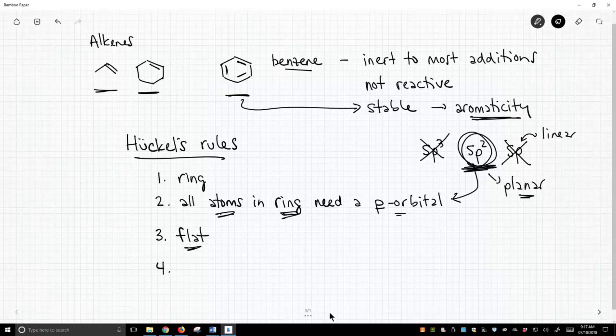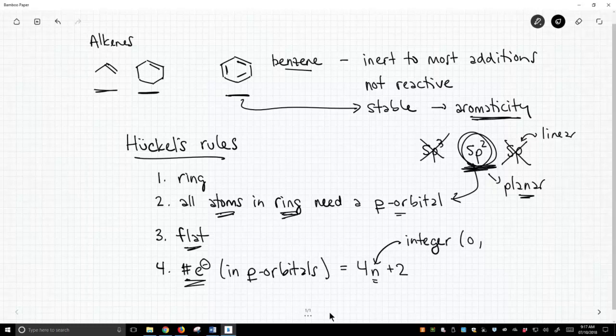The last rule is the number of electrons, and these are the electrons in the p orbitals, must solve out for this formula 4n plus 2. So when we put in a number of electrons, whether it's 10 or 24 or 3, we need to be able to solve for n so that n is an integer.